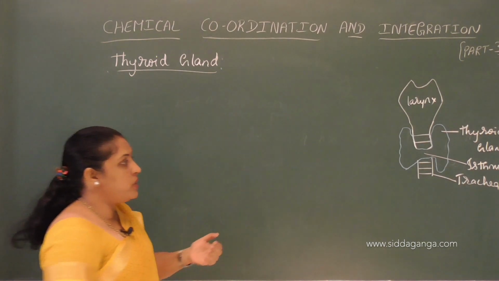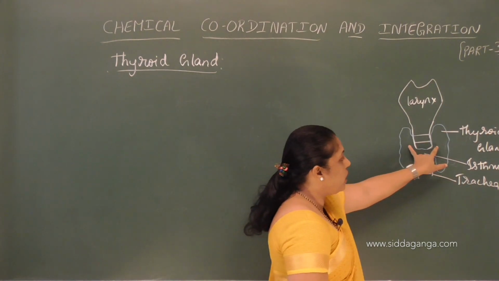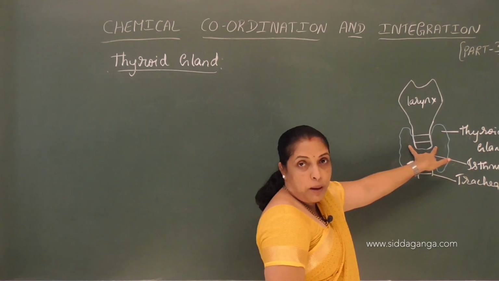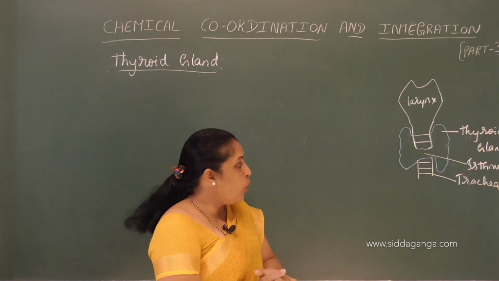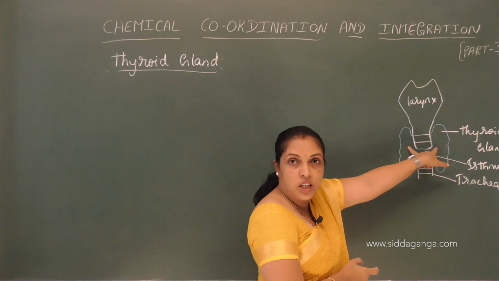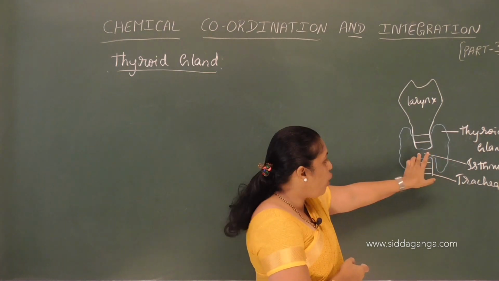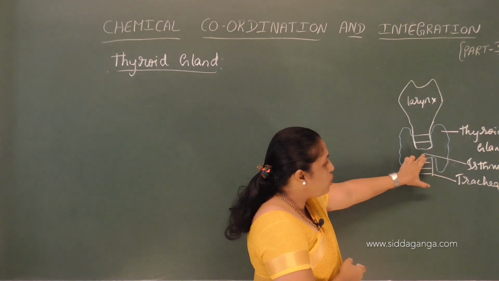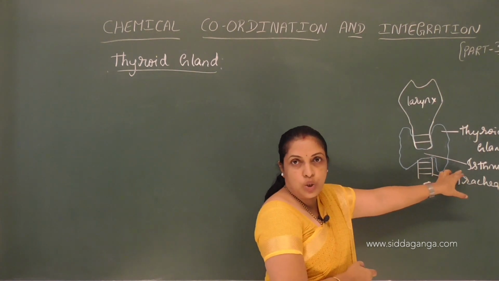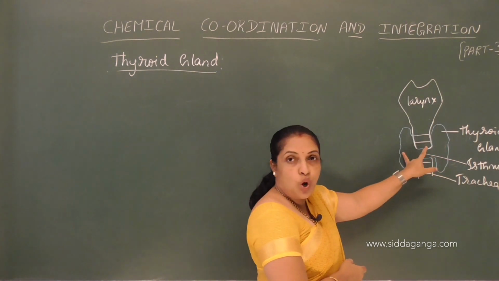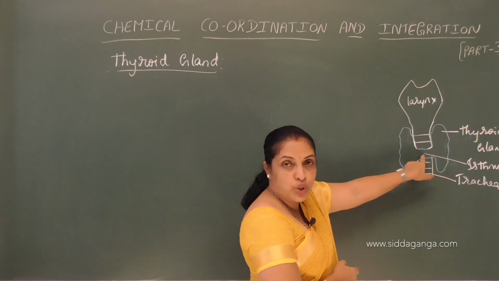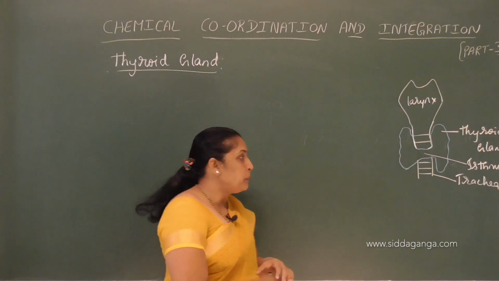It is present on either side of the trachea. There are two lobes, bilobed, joined with a soft connective tissue called isthmus.